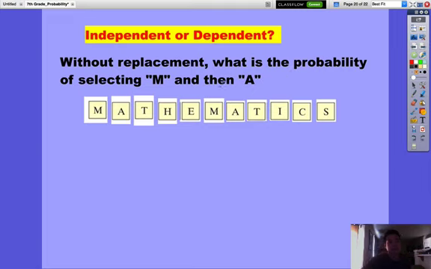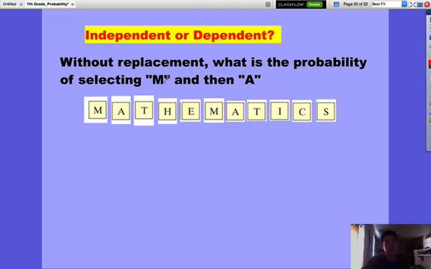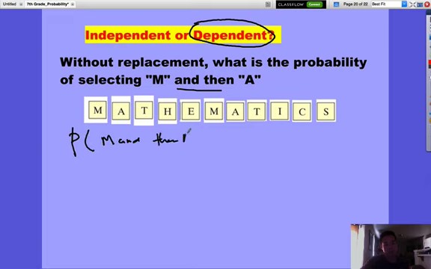Okay, so without replacement, what is the probability of selecting M and then A? Without replacement, I'm not putting it back in. That's going to be a dependent event. So let's do the math here. Probability of M and then A means you're going to multiply.